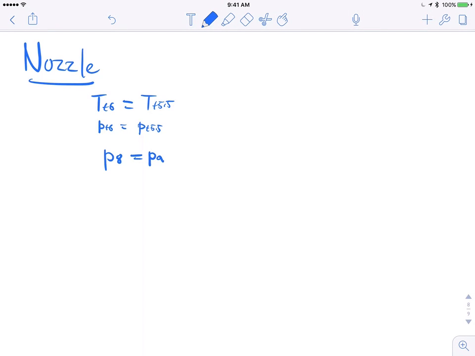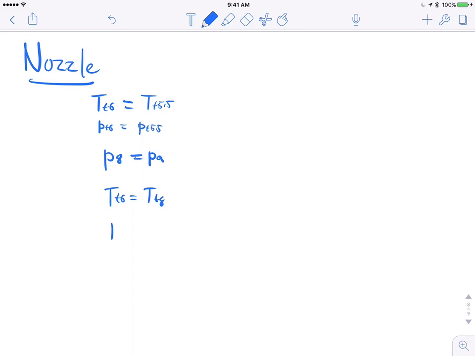So we know that P8 at the exit of our combined nozzle is going to be equal to PA, our ambient pressure. And the other thing we know is, since that area is varying, we don't need to check for choking. It's set up so that P8 and PA are equal. There's no question about the flow being choked, so we don't have to do that check today. And since it's an adiabatic nozzle, we can also say that TT6 is going to equal TT8.